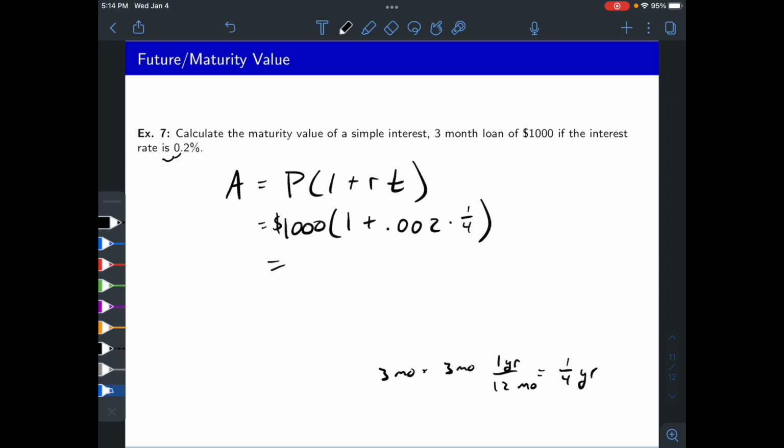Okay, I'm getting 1,000.5. Really, it would be 1,000.50.